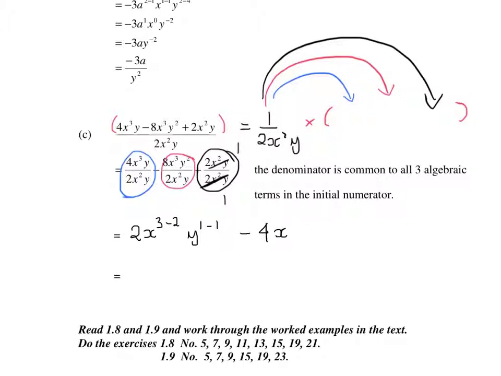Then we've got x to the power 3 minus 2, y to the power 2 minus 1. And remember, we've already cancelled this one out, so that's just plus 1.